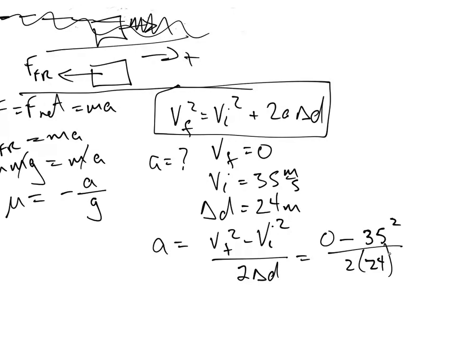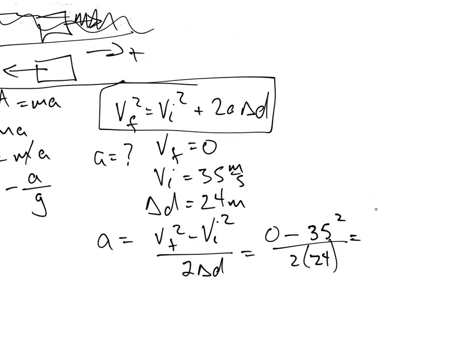Now, 35 squared divided by 48 gives me 25.5. So I've got negative 25.5 acceleration, which is meters per second squared.